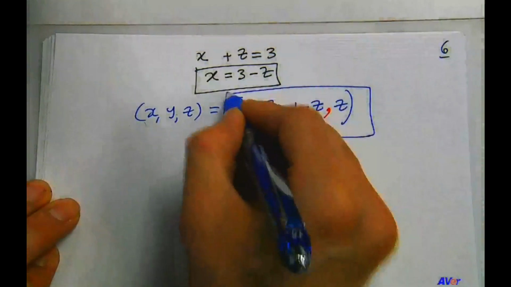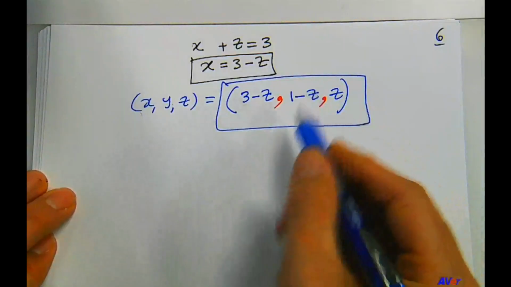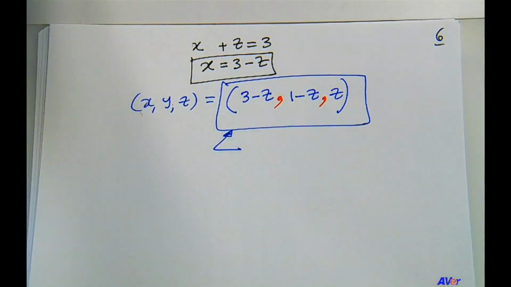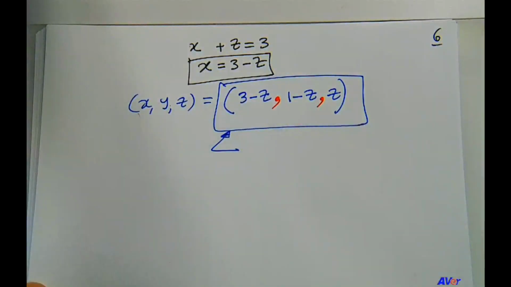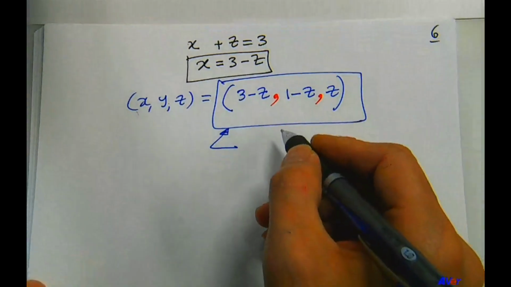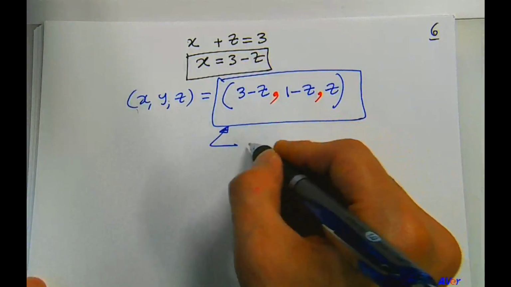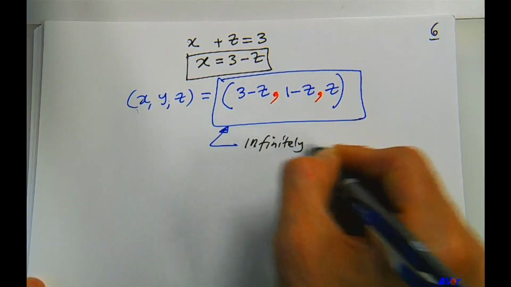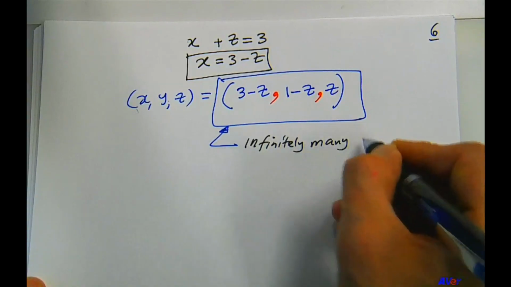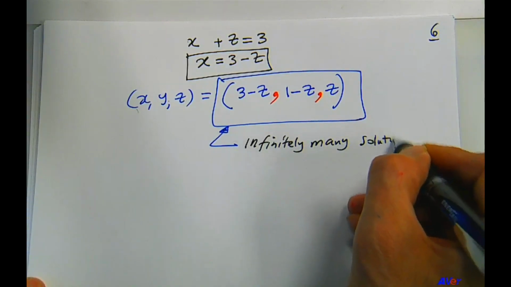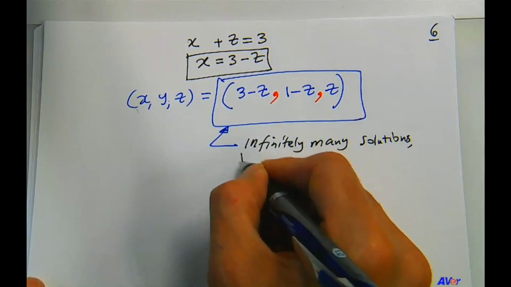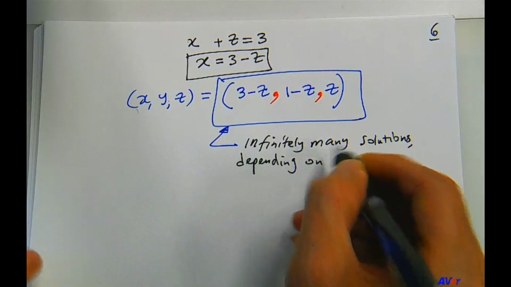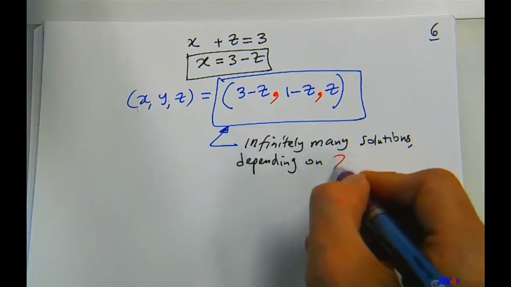So that's why we say we have infinitely many solutions depending on z. I wrote it on the other page, but it's okay. Let me also add it here so it's complete. So infinitely many solutions depending on z.